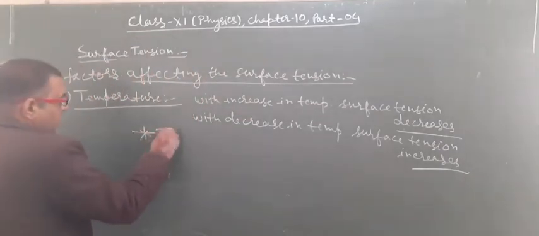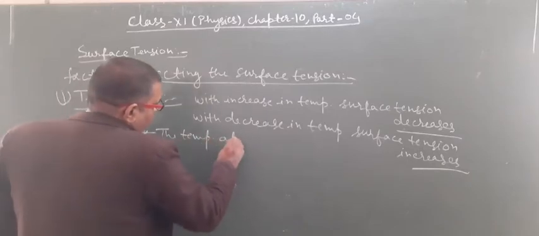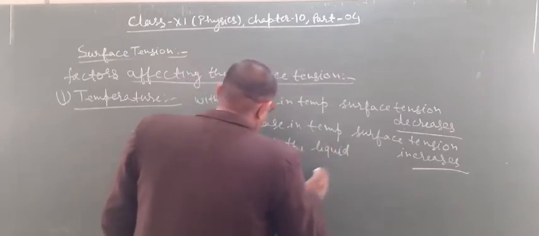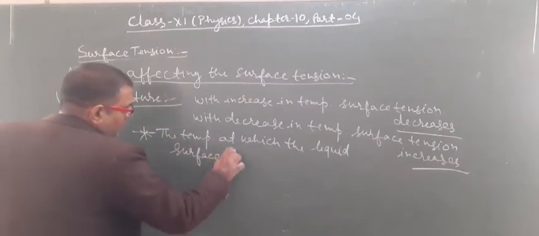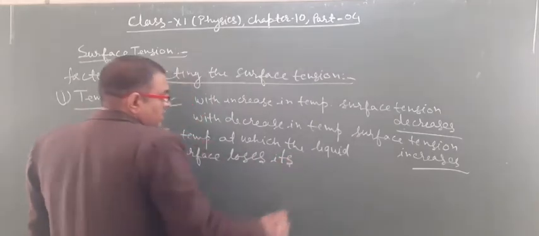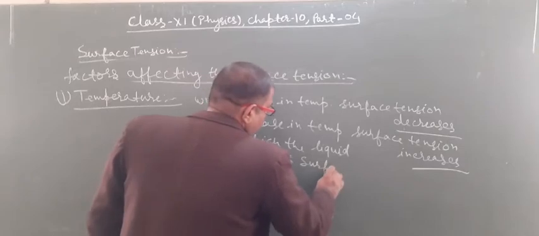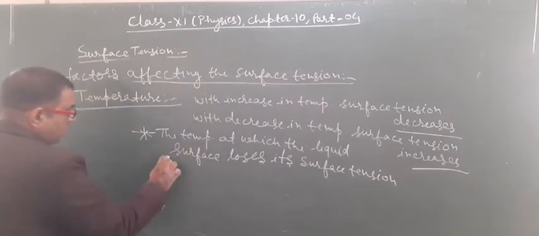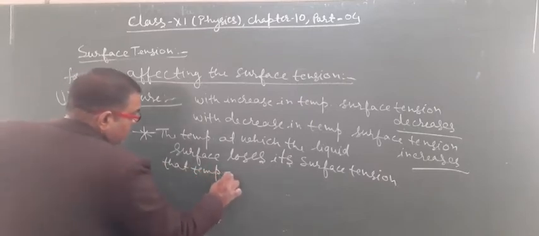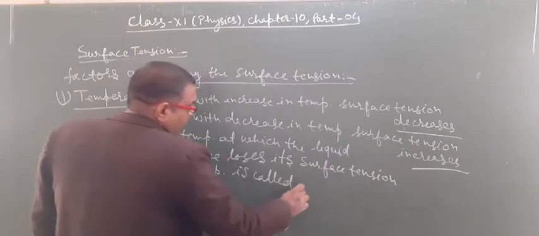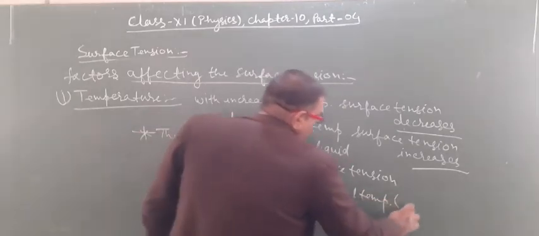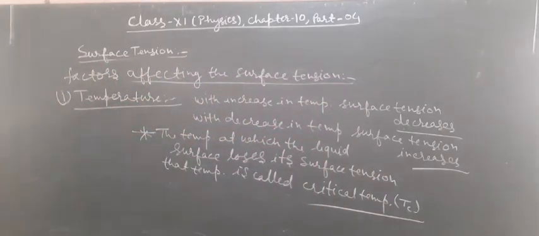The temperature at which the liquid surface loses its surface tension is called the critical temperature of the liquid.